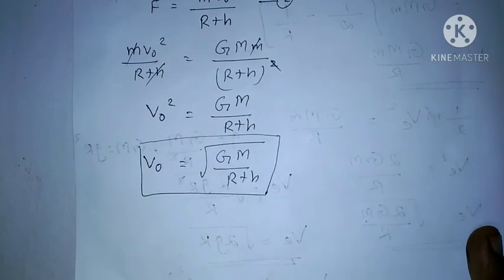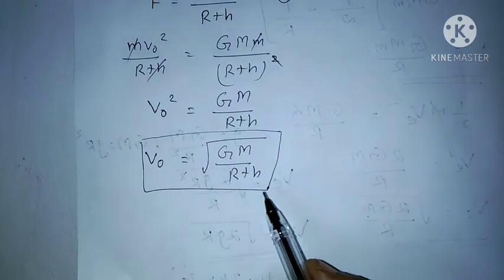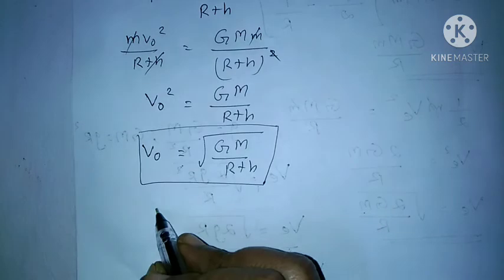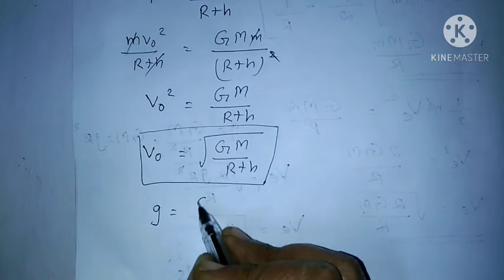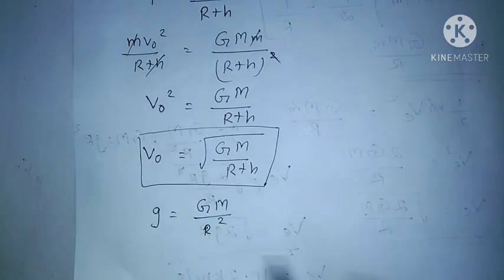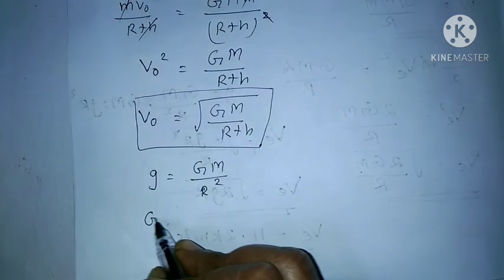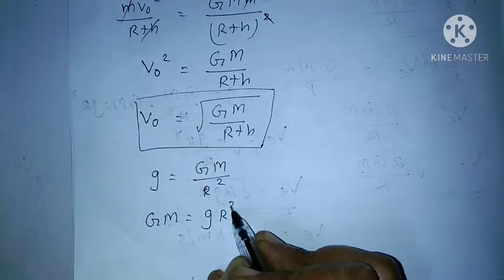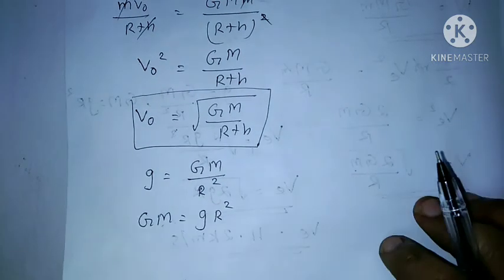Then if small g is the acceleration due to gravity on the Earth's surface, then small g equal to capital G M divided by R square. So GM equal to g R square. We can substitute GM equal to g R square.